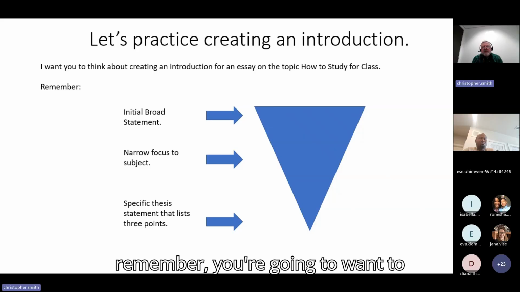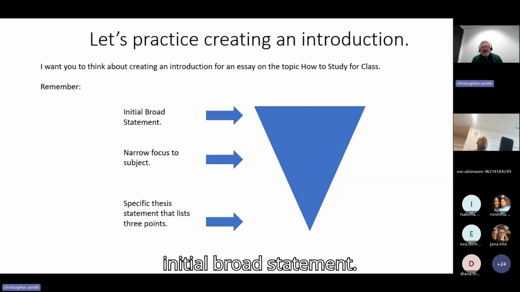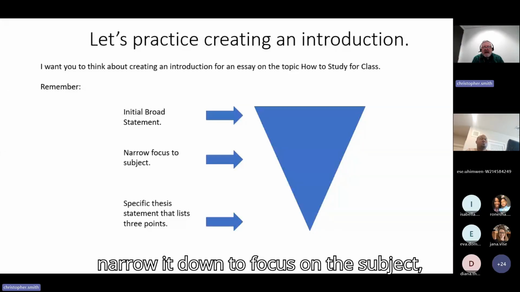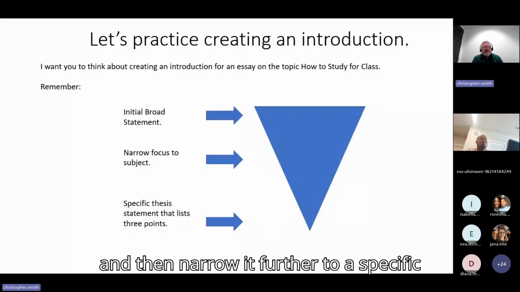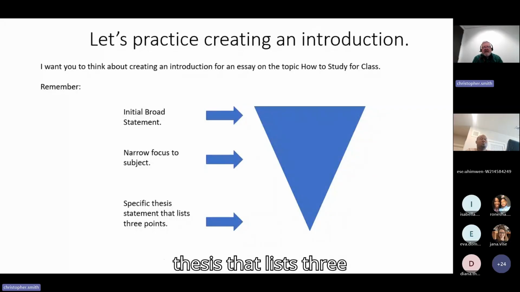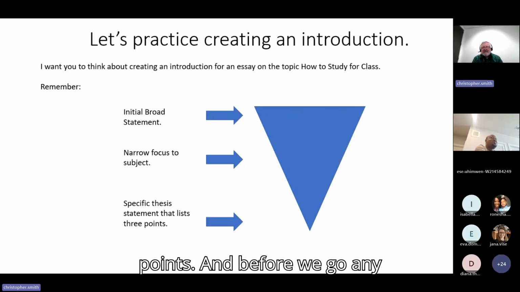Remember, you're going to want to begin the paragraph with an initial broad statement. Then you want to narrow it down to focus on the subject, and then narrow it further to a specific thesis that lists 3 points.